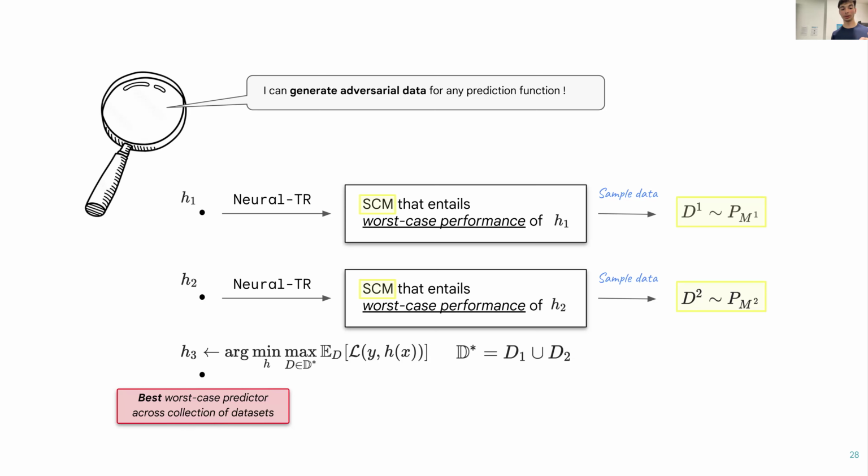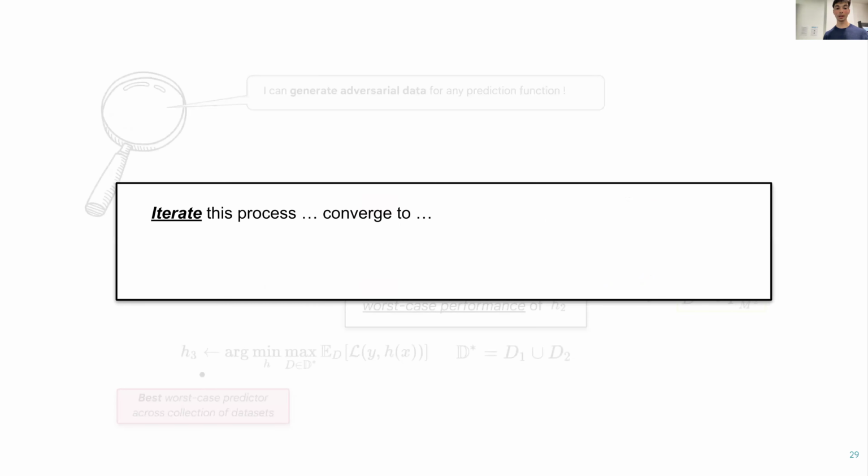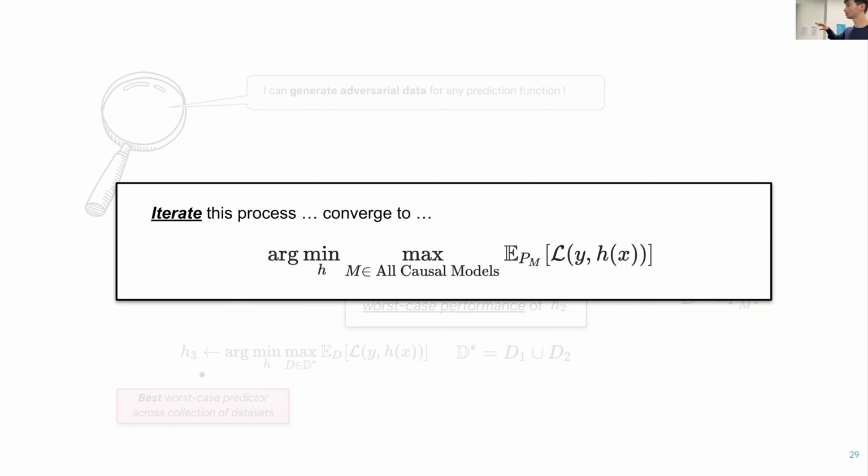You know that your H3 is going to be the worst case predictor across the two data sets you've generated so far. And if you do this a sufficient number of times, you're guaranteed to converge to the prediction function that minimizes the maximum error over all possible causal models.